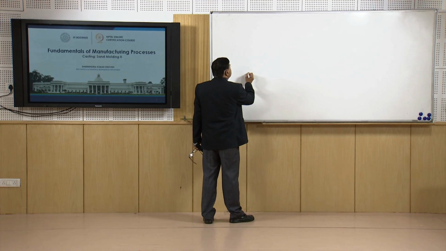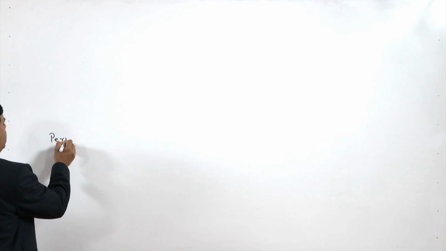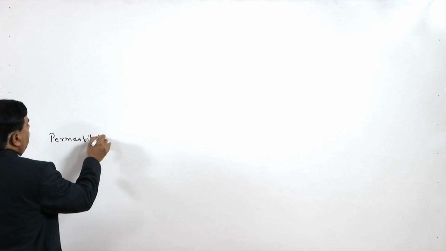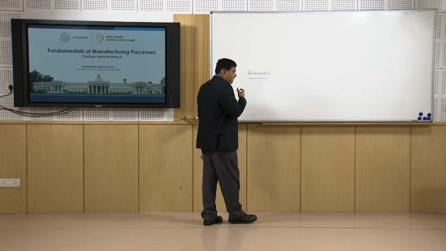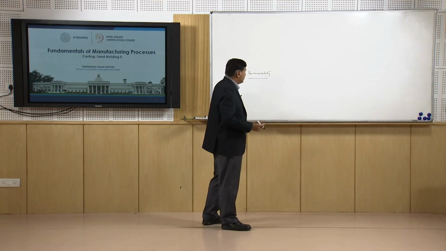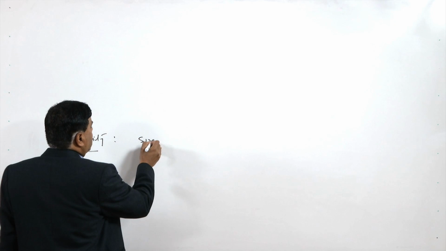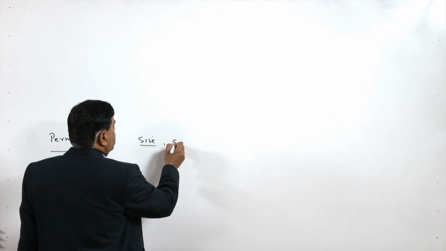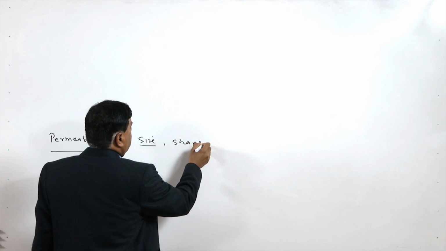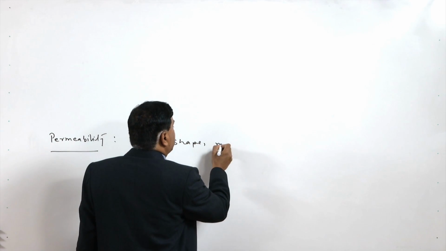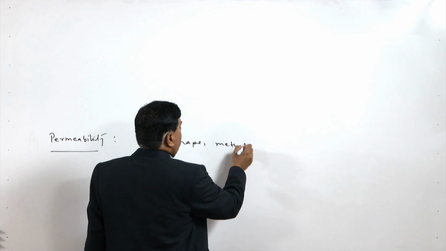So, considering permeability, which is about the ability to allow the escaping of the gases which are present in the mold. It depends on size, shape and the method of molding.